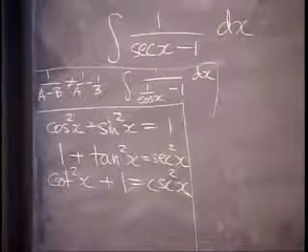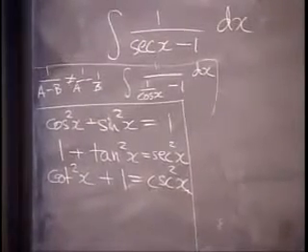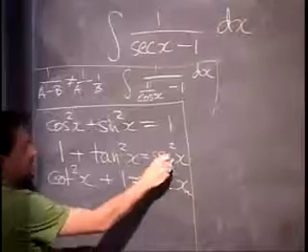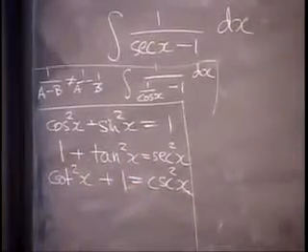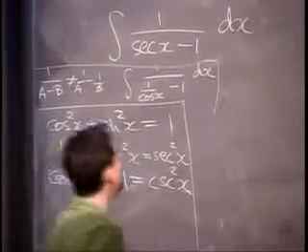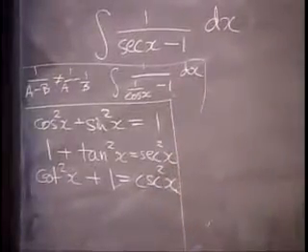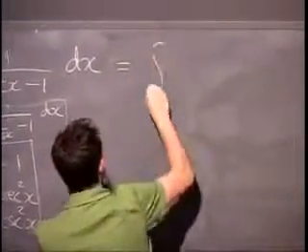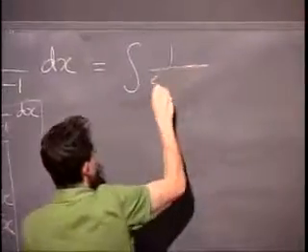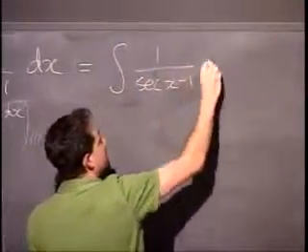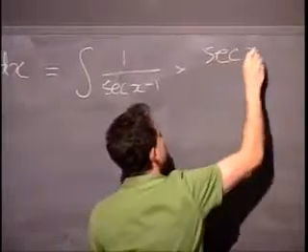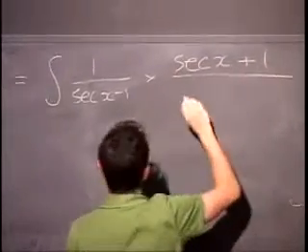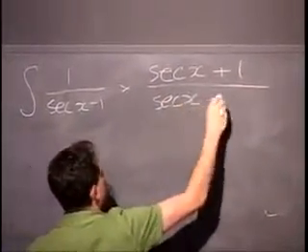The middle identity might give you an idea. If you rearrange this, you get secant squared x minus 1 equals tan squared x. So let's multiply by the conjugate of the bottom. Multiply and divide. It's a nasty little trick, this. Multiply by secant x plus 1 over secant x plus 1.